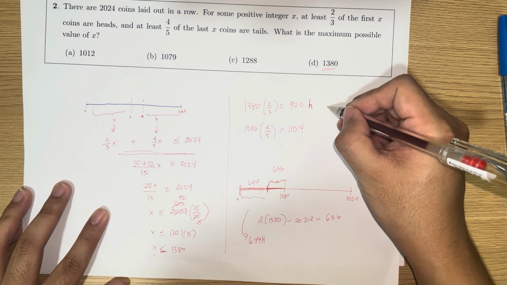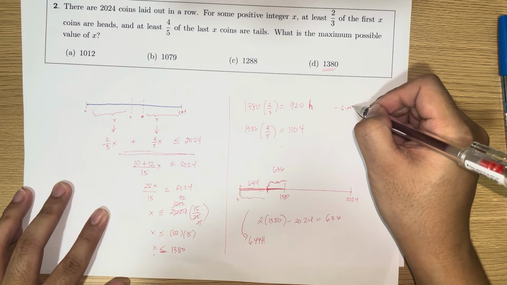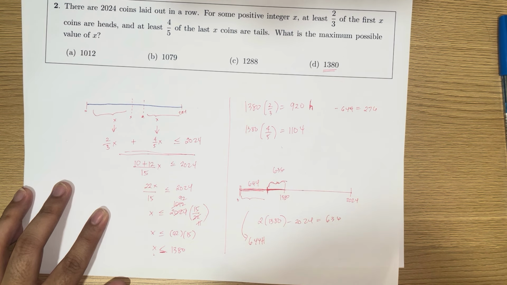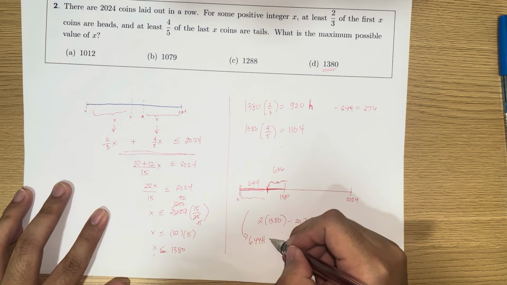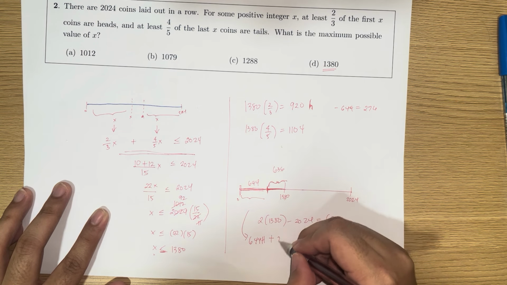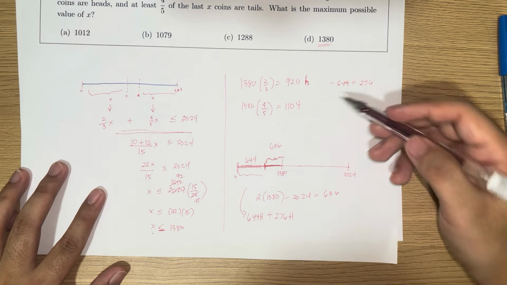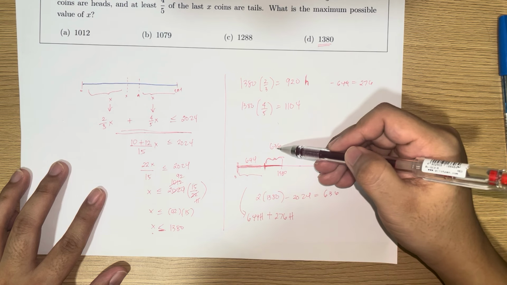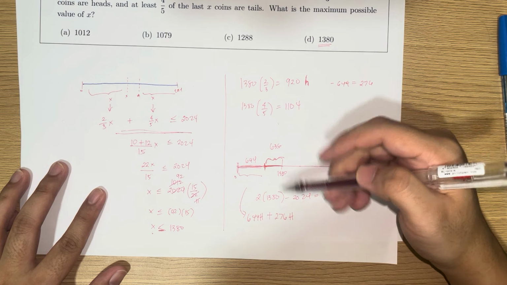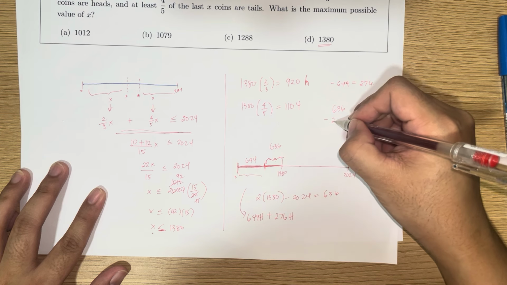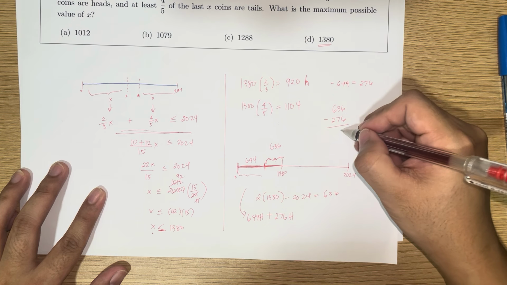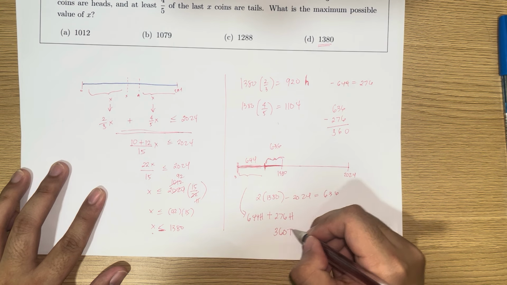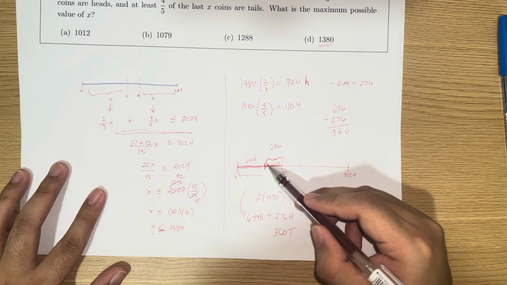So that's 920 minus 644, which gives you 276, if my arithmetic is right. So you must have 276 heads here. And then, out of the 636, you have 276. So you must have 636 minus 276, 360. You must have 360 tails in this overlap.